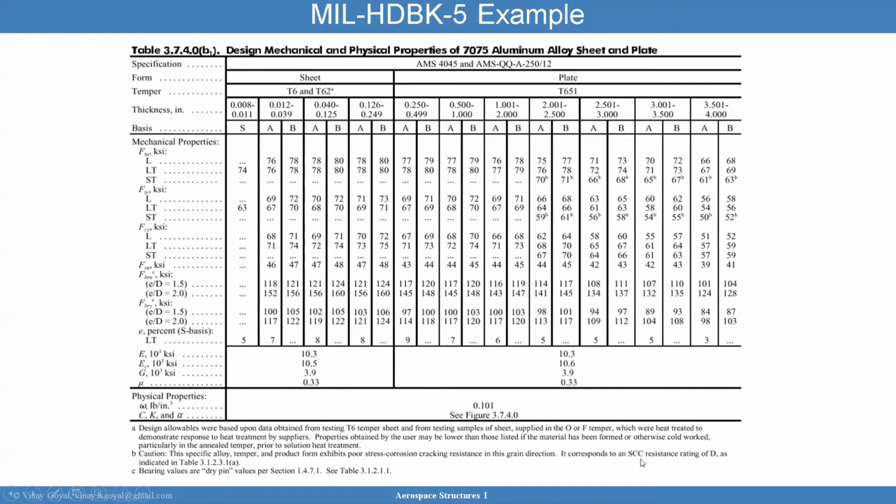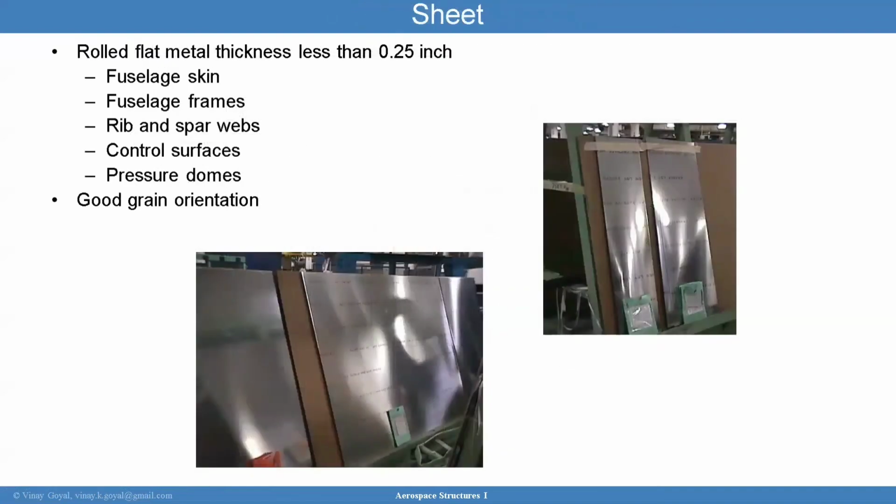It corresponds to an SCC resistance rating of D, as indicated in Table 3. So you have to go through that and better understand what is going on. The bottom line is there are corrosion issues, and it gives you more information about that. It's not always consistent, but it's worth looking at.